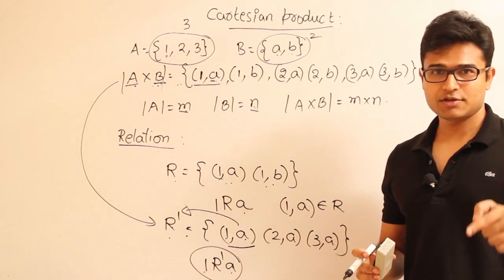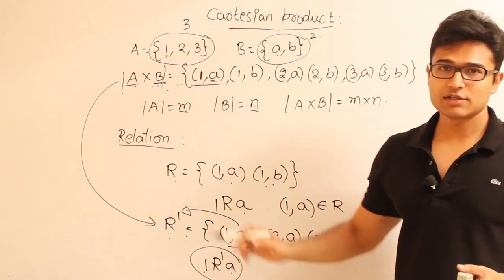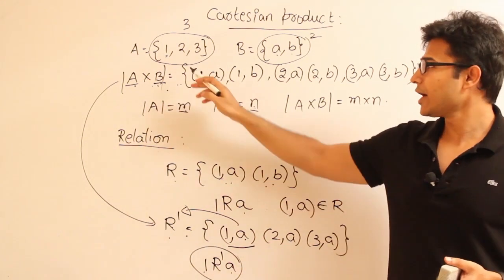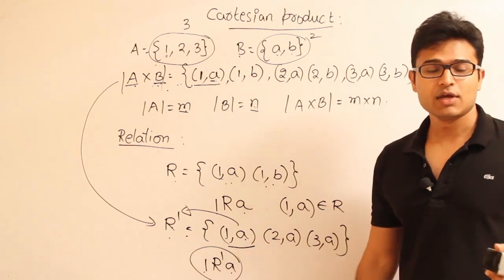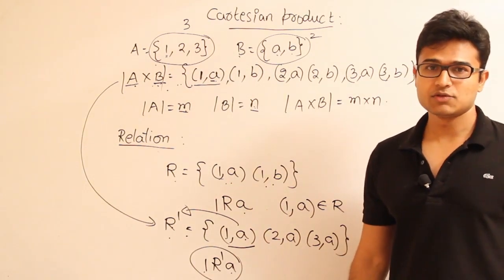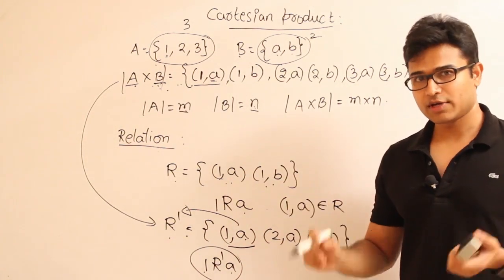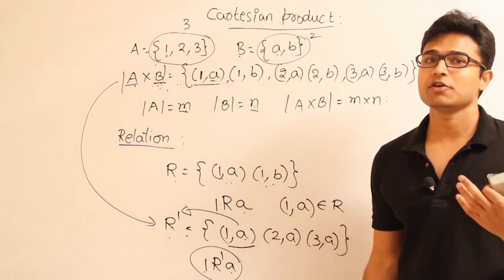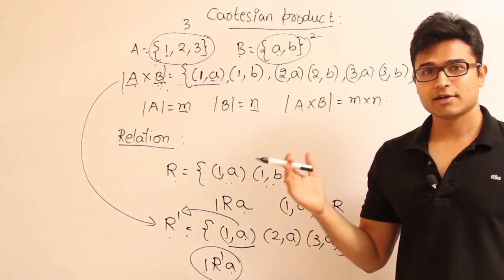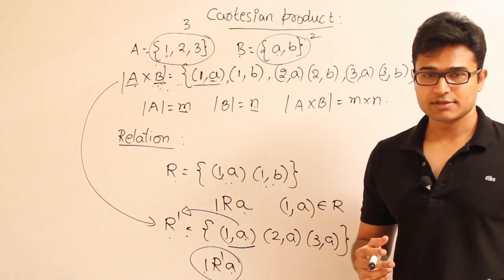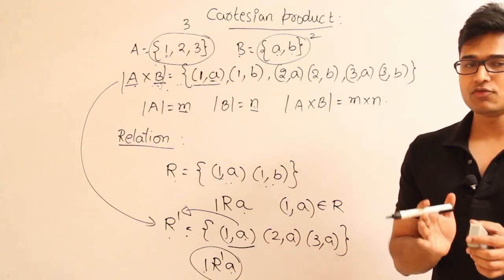If the sets are infinite, then the Cartesian product is also going to be infinite. If either A or B or both is infinite, then the number of elements in the Cartesian product is also going to be infinite. Then a subset of it may be finite or infinite, so we are going to get an infinite number of relations. But let's restrict ourselves to finite sets.